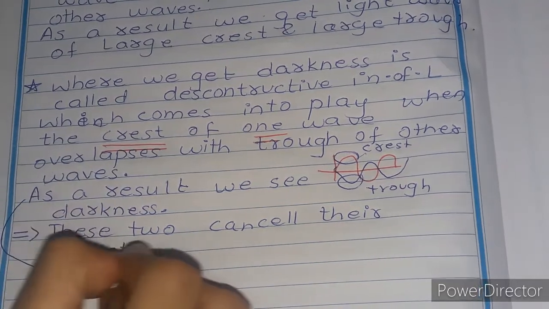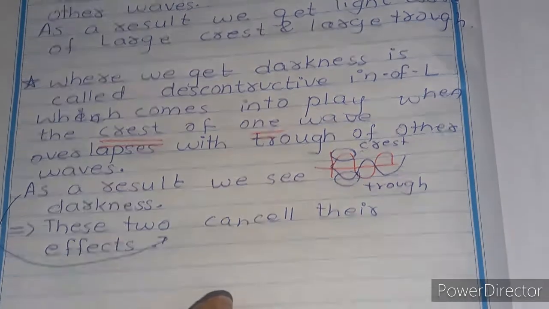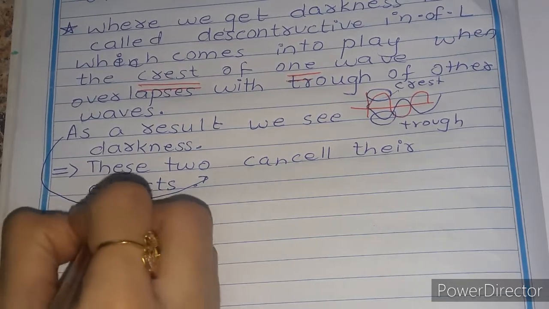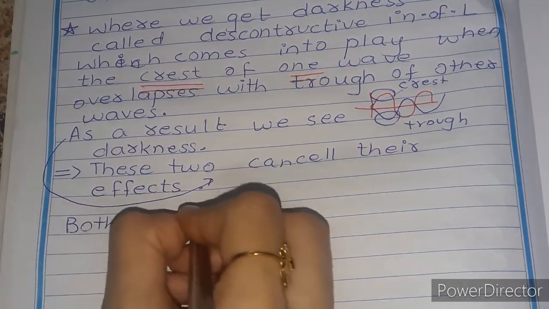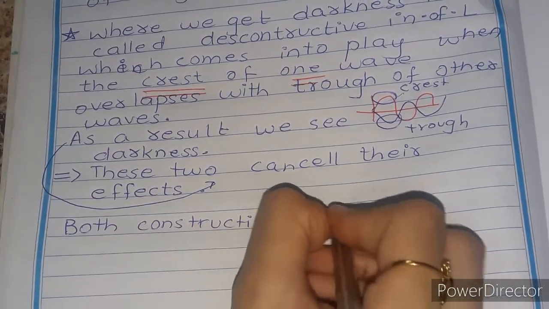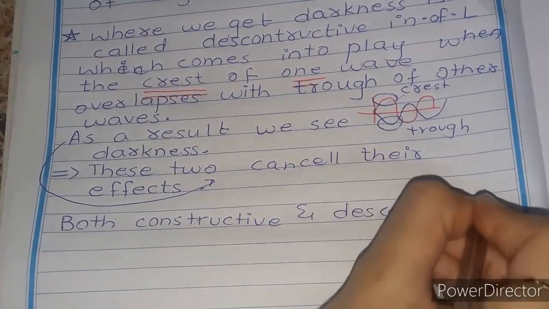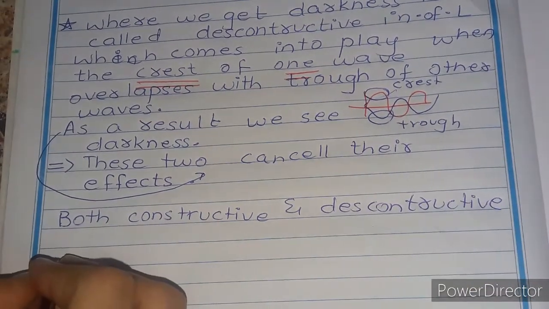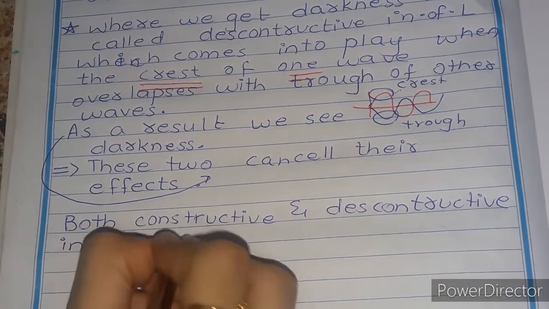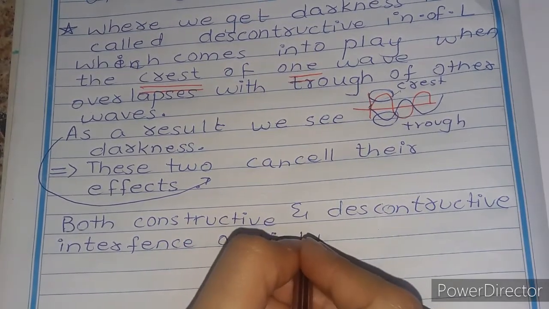Now the next point: both constructive and destructive interference of light take place at the same time.